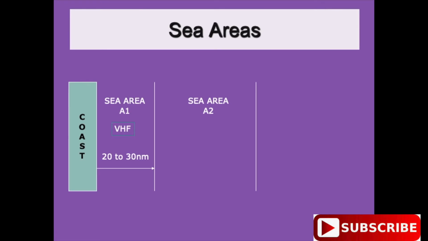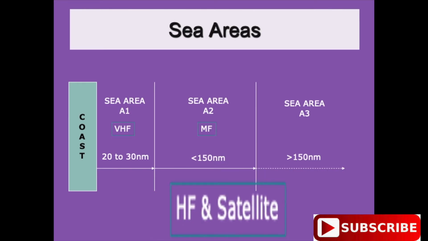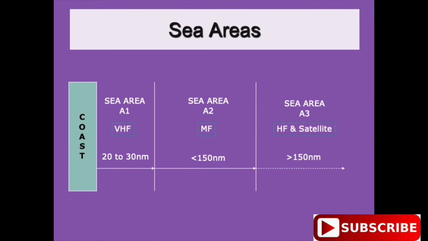Sea area 2 is less than 150 nautical miles from the coast. The requirement for it: we should have VHF and MF. Sea area 3 is greater than 150 nautical miles, and this is VHF, MF, HF, and satellite.